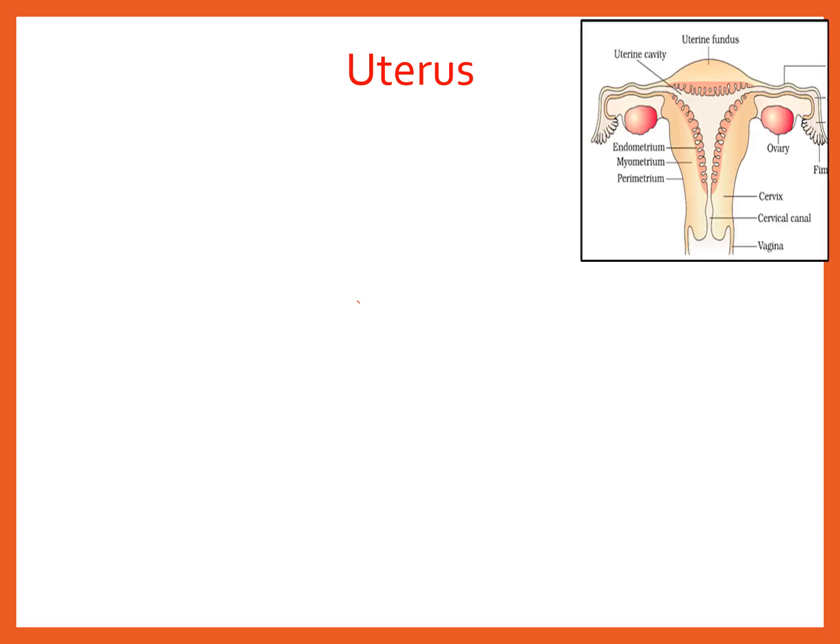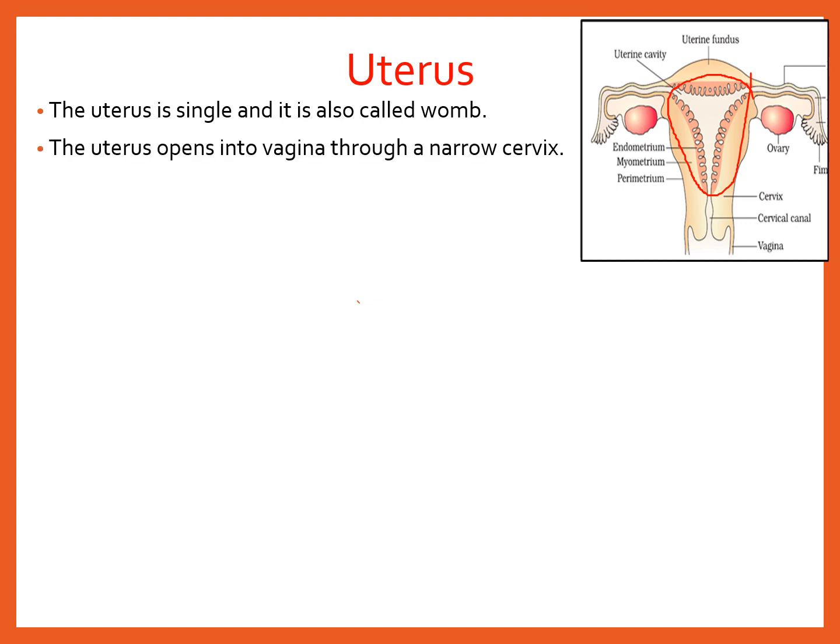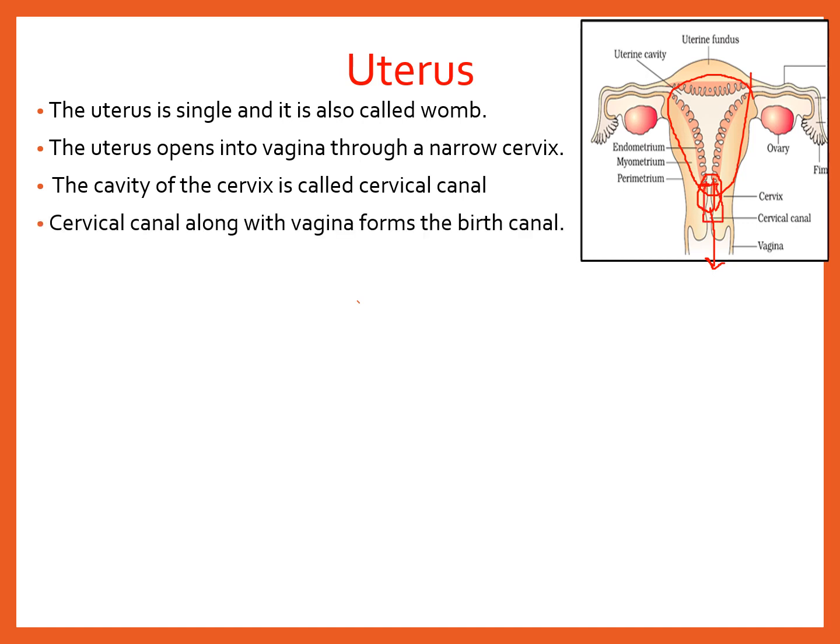Uterus. So again, this is the uterus part, right? Now uterus, we have a single uterus and it is called as womb. This uterus opens into a narrow cervix, this region, which further opens out into the vagina. The cavity of the cervix is called as the cervical cavity.